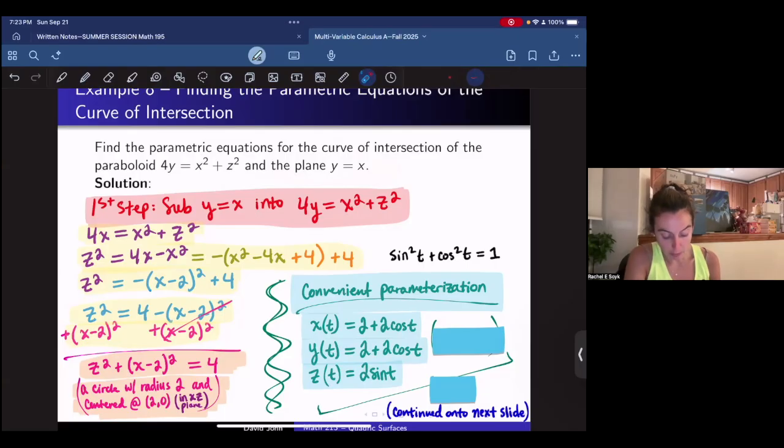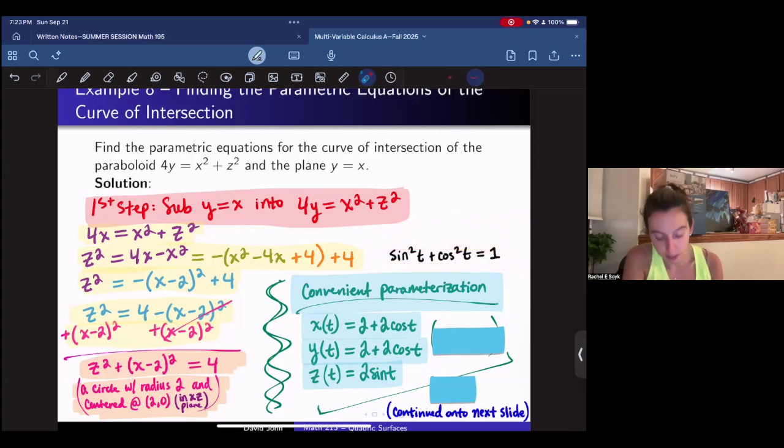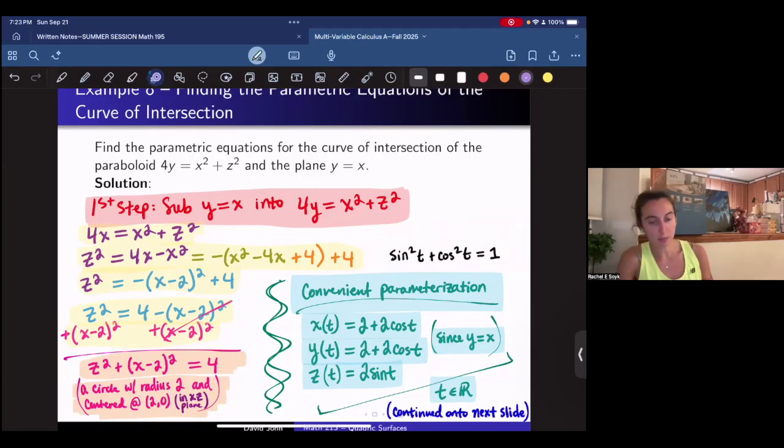Okay, so now when we put that in, we end up with 4 sine squared t plus 4 cosine squared t is equal to 4. Divide everything by 4, and boom, we're back to our famous trigonometric identity. And again, our t is representing all of our values in the real number system.